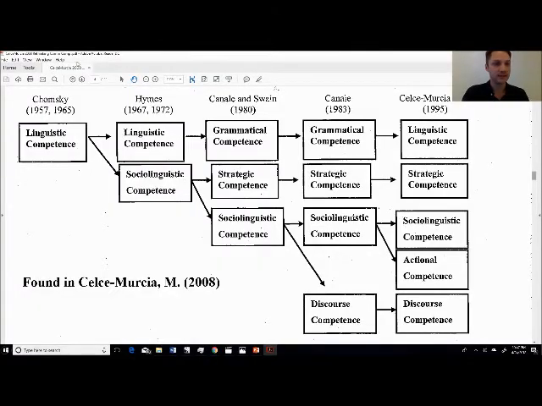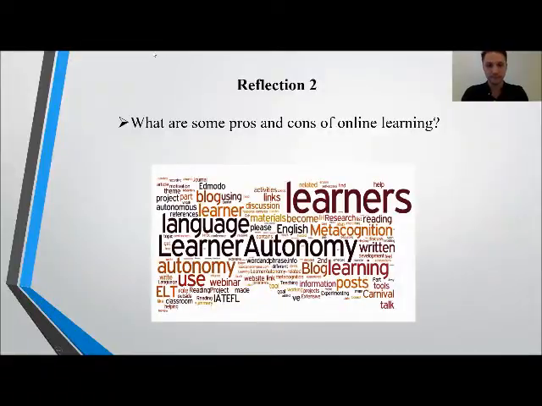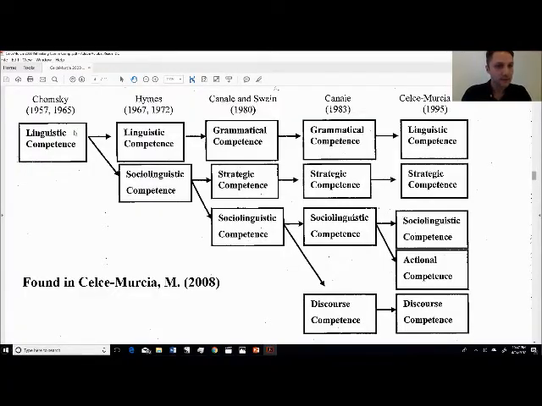Also, with a shift in the learning paradigm, I don't know if you can see it there, but in the past, there used to be a strong emphasis on only linguistic competence. So think grammar translation.